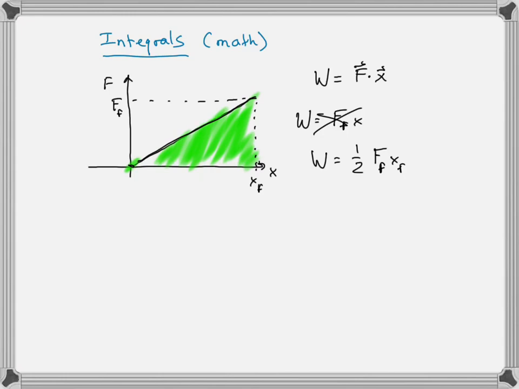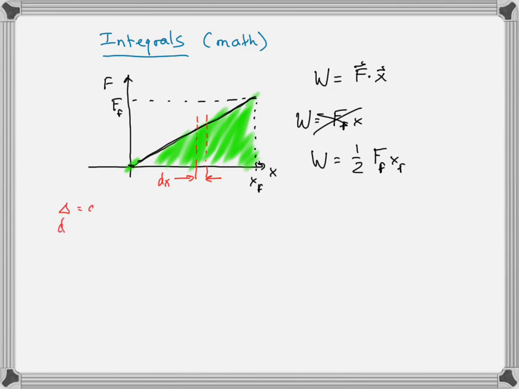So the concept is to say, okay, the force is not constant. So let's just take a small piece of this triangle. Since it's a small piece, instead of a width delta x, we're going to say it's a width dx, because remember the difference between delta and d.